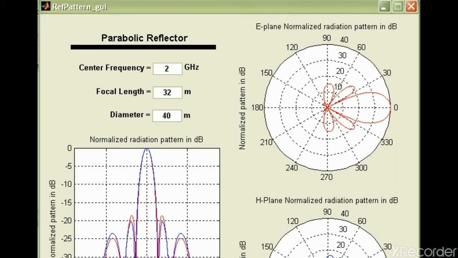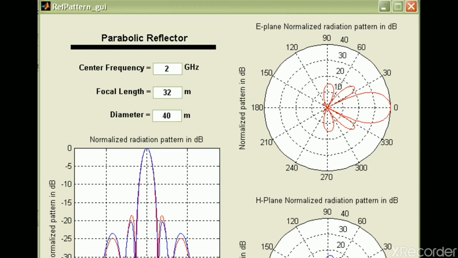I again repeat, the focal length is the distance between the vertex on the parabolic reflector and the focal point or the feed antenna, which is normally denoted by small f. And diameter is the distance between the corners of the reflector, or the mouth diameter, or the aperture diameter, or the opening of the reflector, which is given as 40 meter.